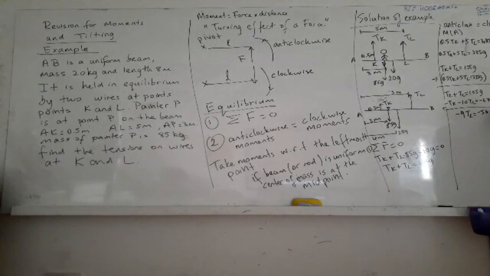So TL is equal to 565G over 9, which is, by using the calculator, 615.2, and we know that Tk plus Tl is equal to 105G.